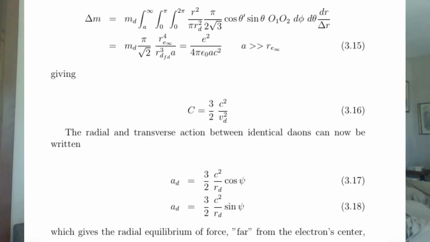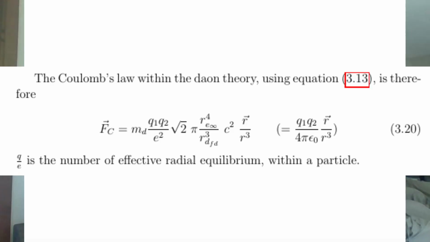Okay, so we can have a radial equilibrium of force a bit distant from the electron, which you can now express in this very simple way with that force infinite, and it is far away from the electron, so you have this force between the different layers of the daons. And you get the expression for Coulomb's law complete in this equation.